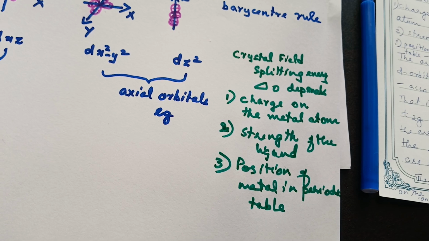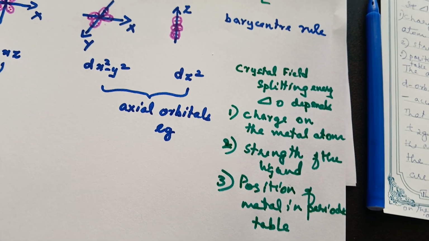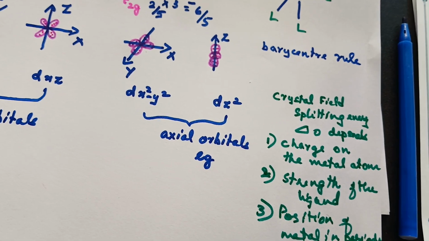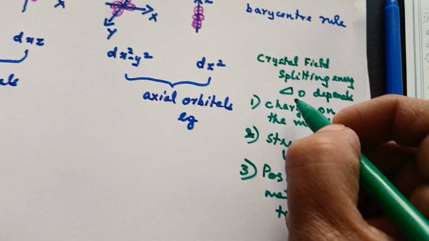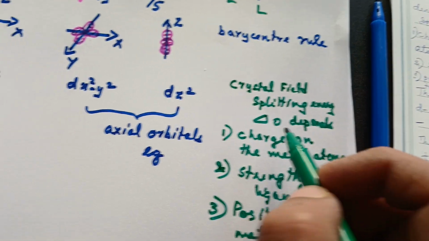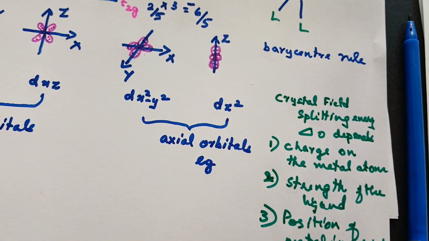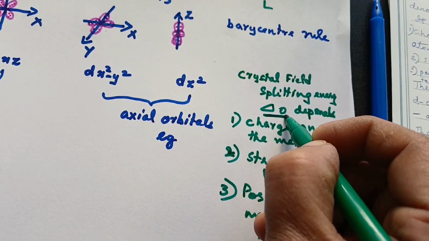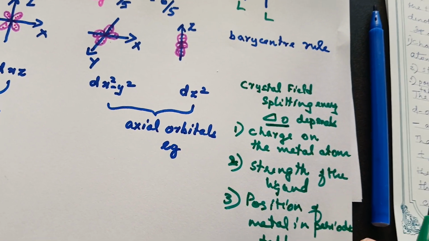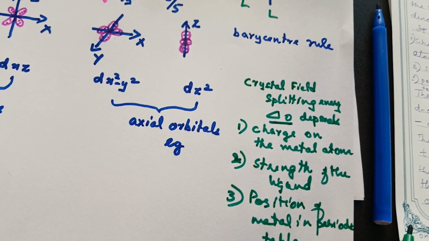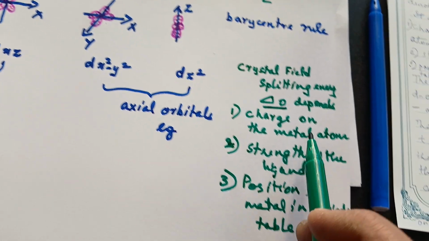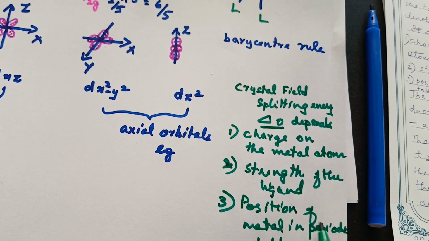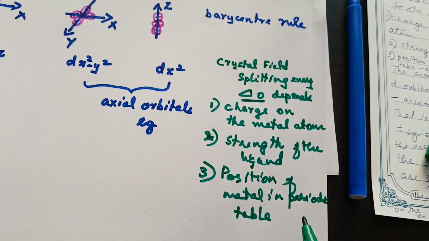So all these things decide the amount of delta O, the crystal field splitting energy, that is dependent on the charge on the central metal atom, strength of the ligand and the position of the metal in the periodic table.